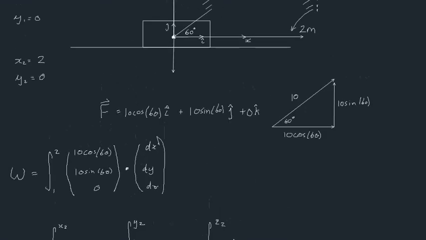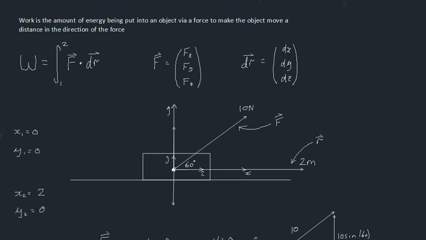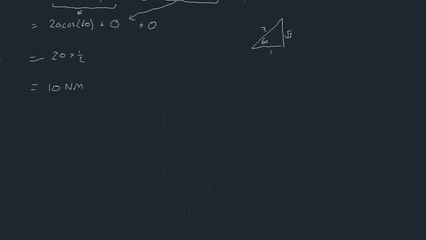If you don't believe me, we can look back up at our definition. F is in newtons, dr is in meters, and even if you integrate it, it's still going to be Newton meters. So our work is in Newton meters, or by definition, 10 joules, where 1 joule is just 1 Newton meter, which is also a unit of energy.